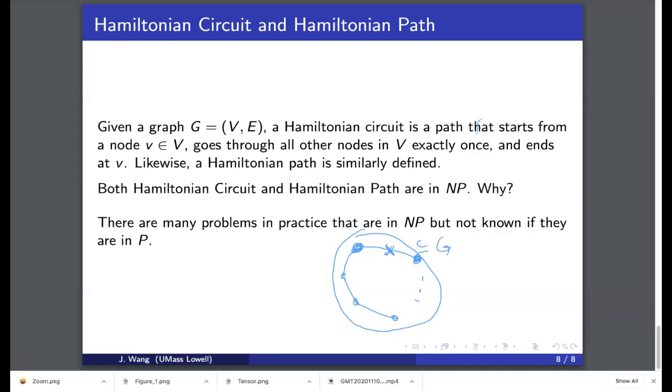So we try to get used to this idea of how to determine whether a problem is in NP.